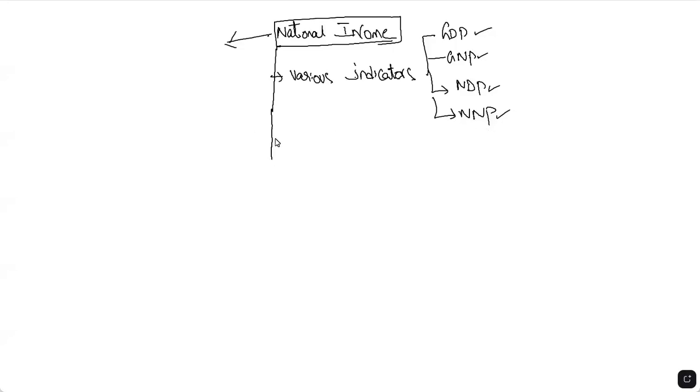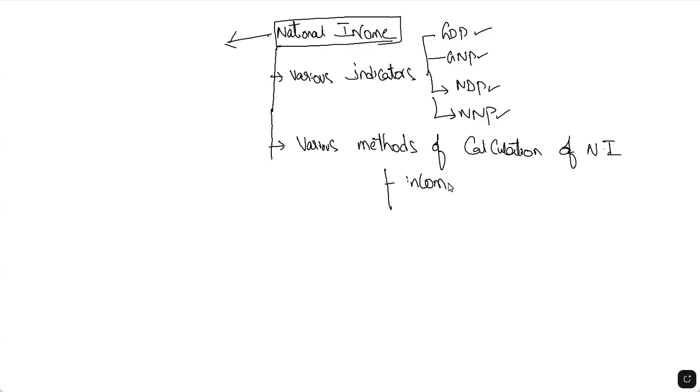Then what are the other things that we need to understand under the concept of the national income? Various methods of calculation of national income. Like, what are the methods we use here? Income method, value addition method, and expenditure method.